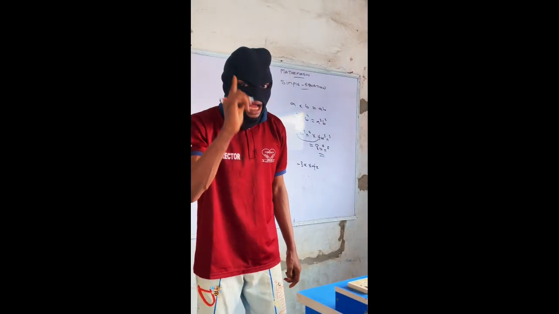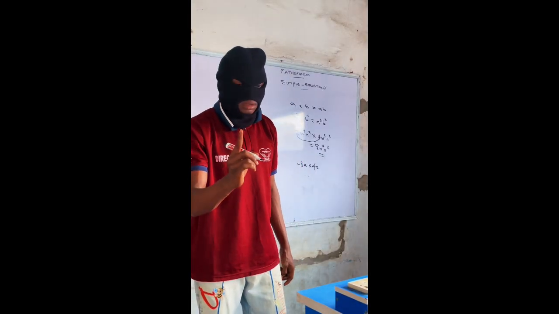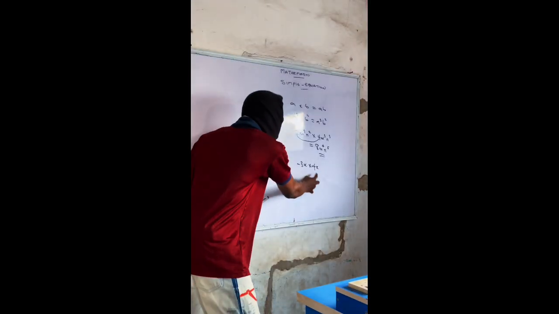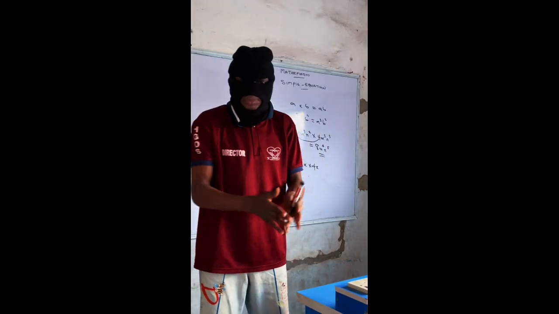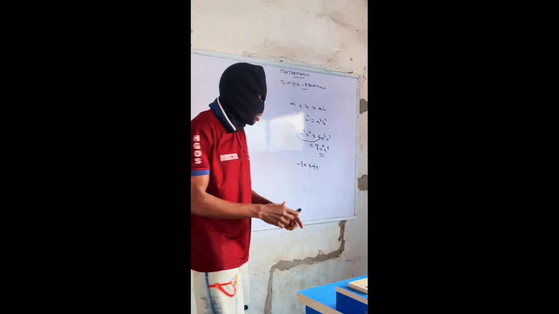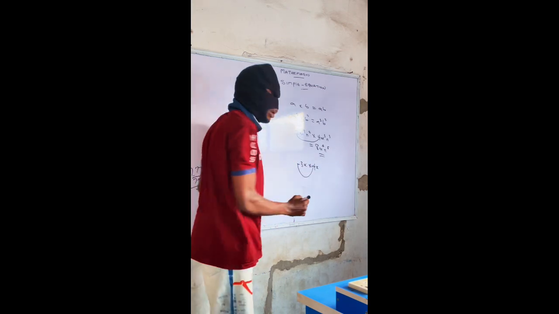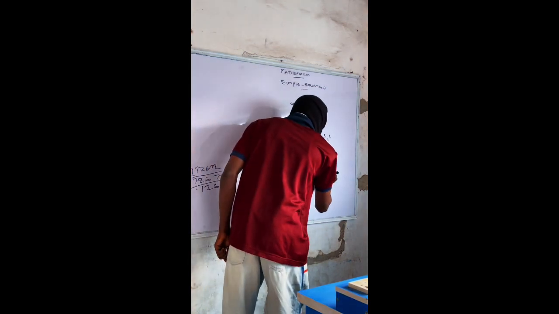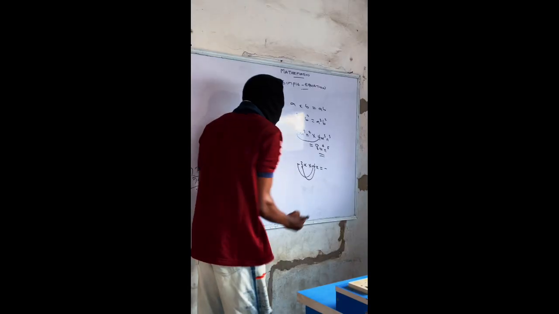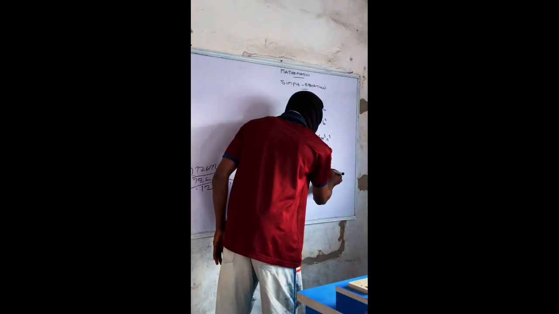Now what you are going to do is multiply the signs first, which is what? Minus times plus will give you what? Minus. Secondly, 3 times 4 will give you 12.